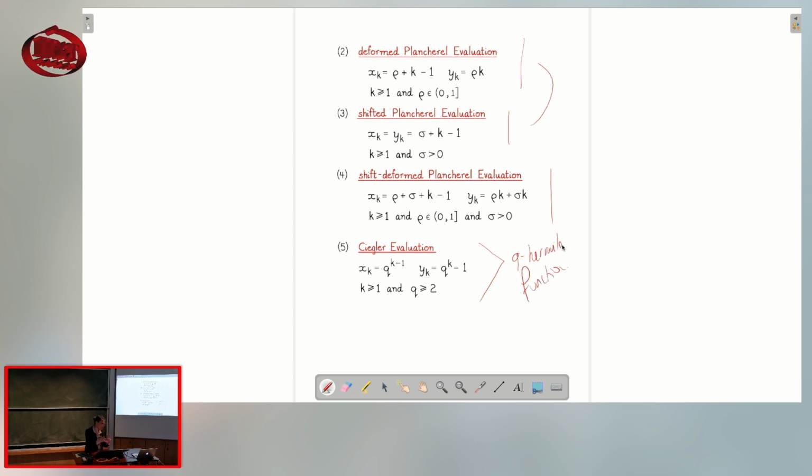Right. But so far this list is small, and it would be nice to have a better understanding of what these positive evaluations are. So I think I probably should end there. I have more, but I don't want to.